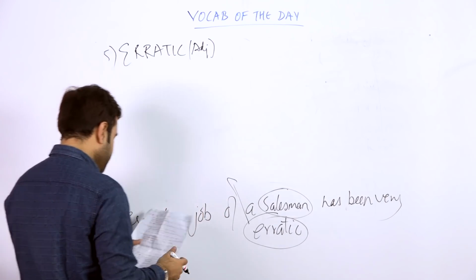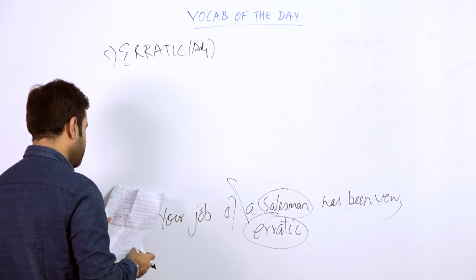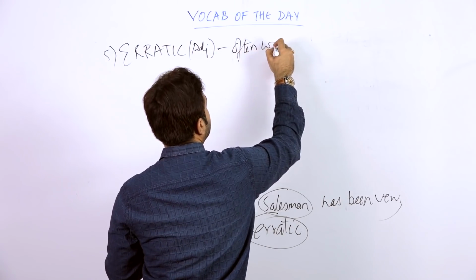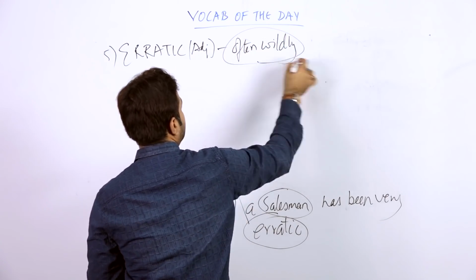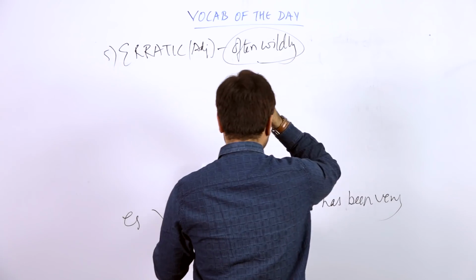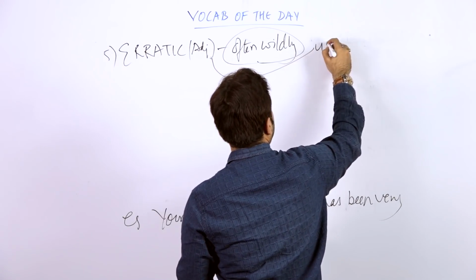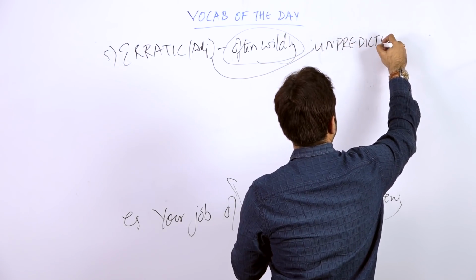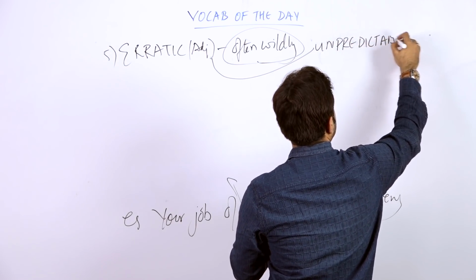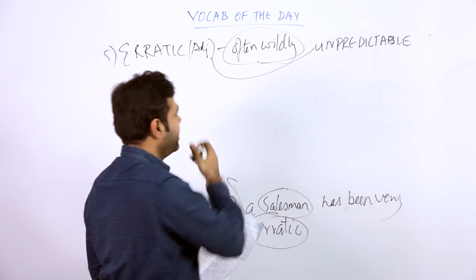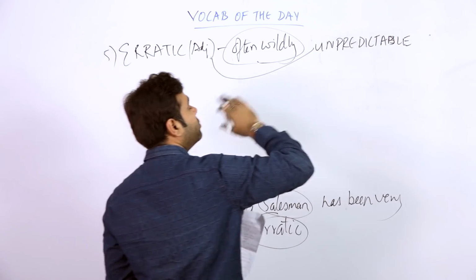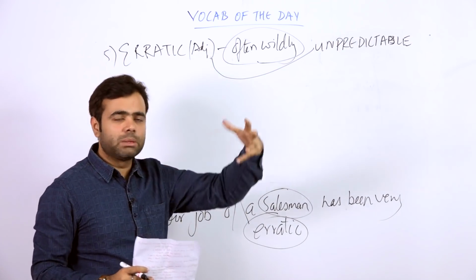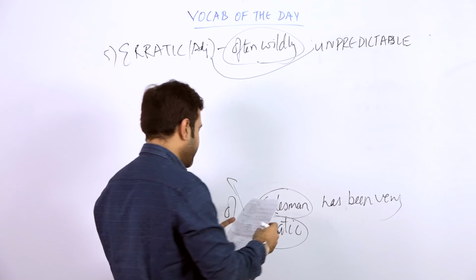So erratic can be related simply to something which is very haphazard, often widely done, or something kind of unpredictable. Here you can use the word unpredictable. Are you getting, students? Something which is unpredictable, where you cannot predict, something can go to the extreme sense. When something goes to an extreme sense, often widely unpredictable, then particularly you can use the word erratic.